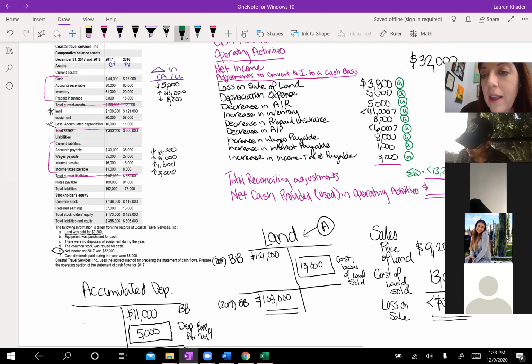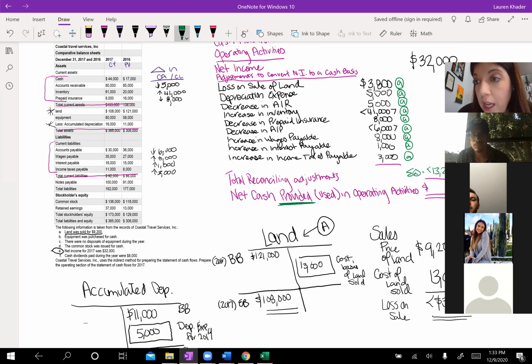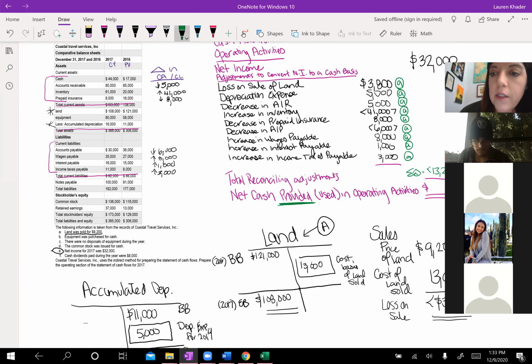We're going to subtract that 13,200 because it's negative from the 32,000 to calculate net cash provided by, because it's positive, operating activities. So 32,000 minus 13,200 gives us $18,800 in net cash provided by operating activities. And that's the problem.